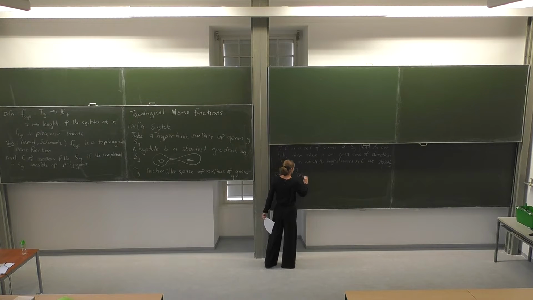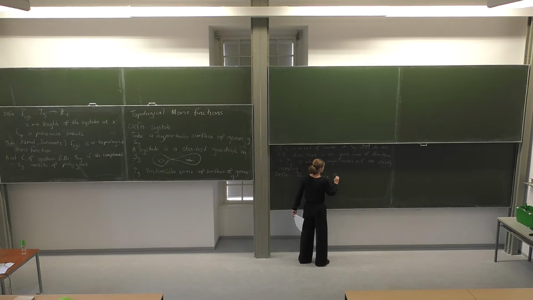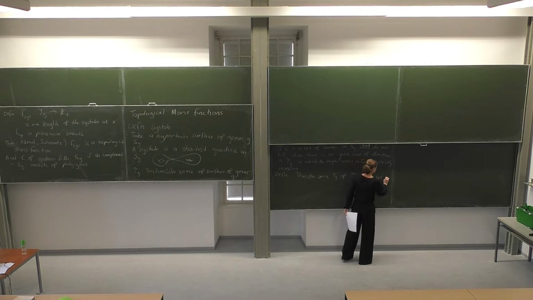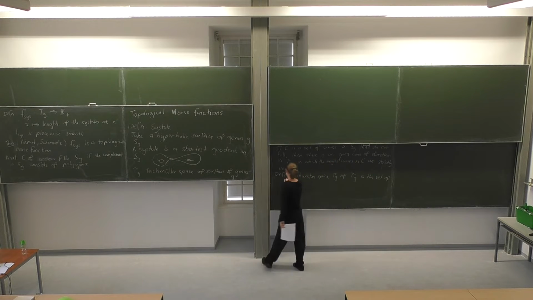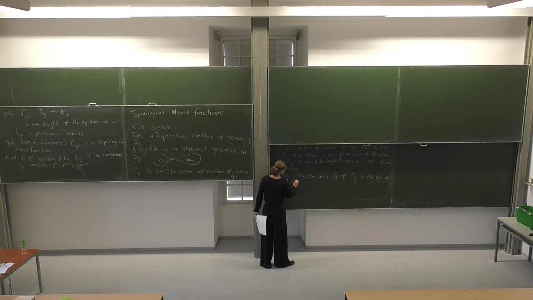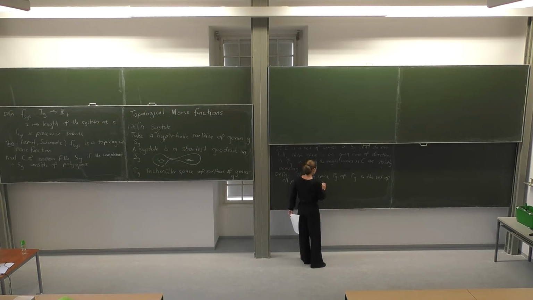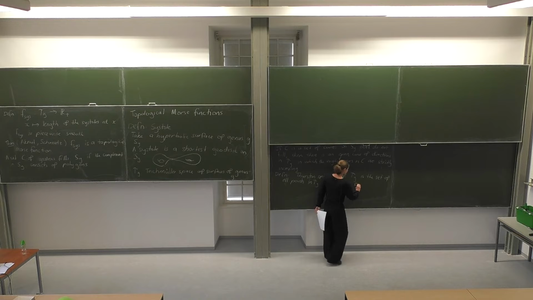So the Thurston spine is the set of all points in Teichmüller space at which the systoles fill.